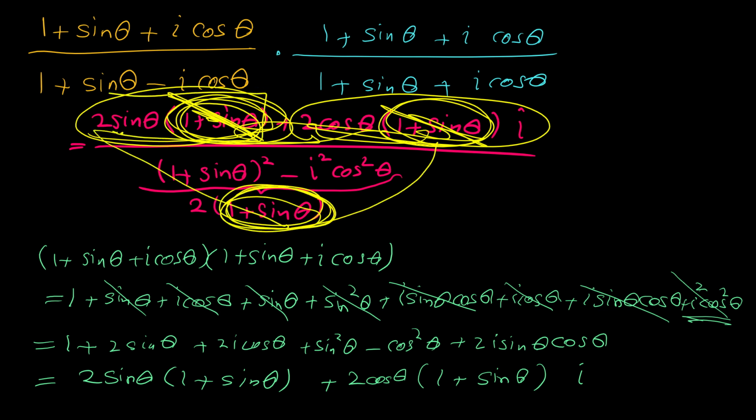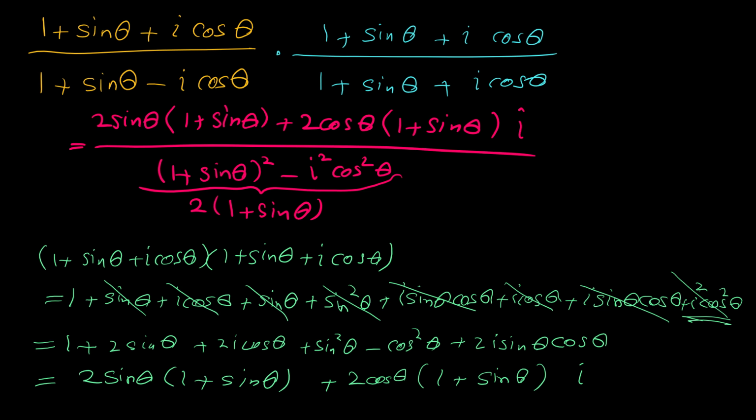Also, the terms in the numerator have a 2 here and a 2 here, so we can factor that 2 from the numerator and cancel with the denominator.